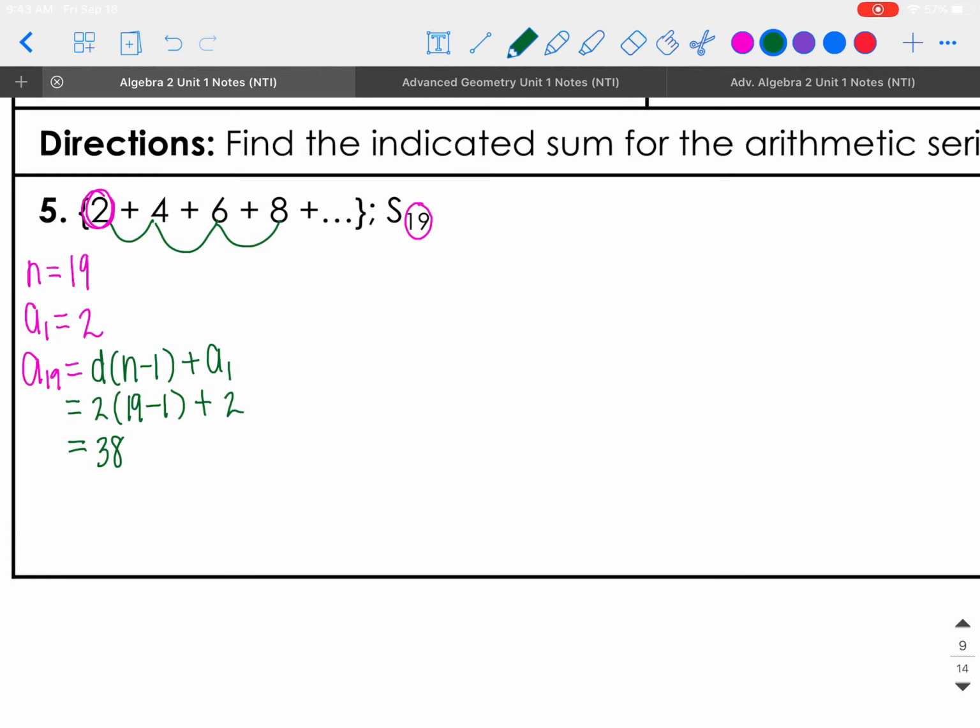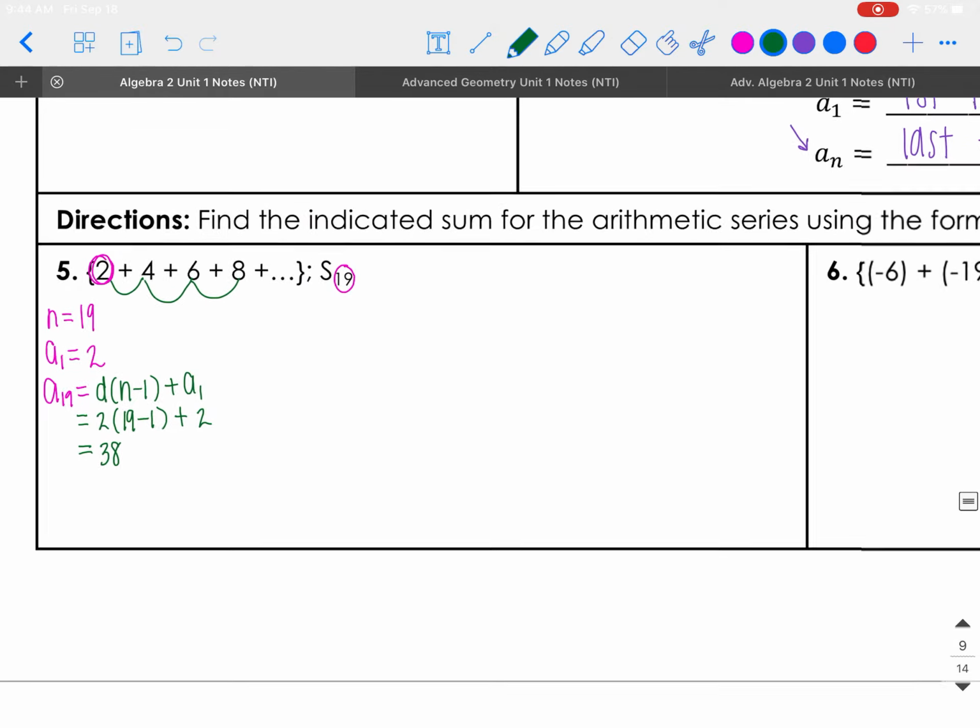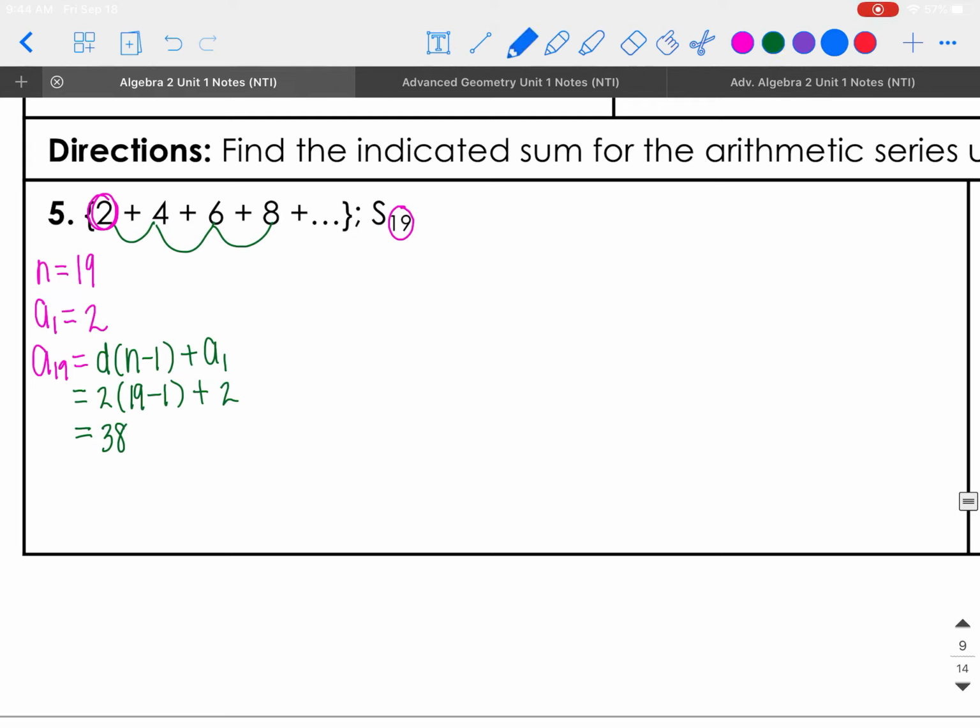So I know I'm finding the sum of the first 19 terms. My first term is 2, and my last term is 38. So I have everything that I need for this formula.